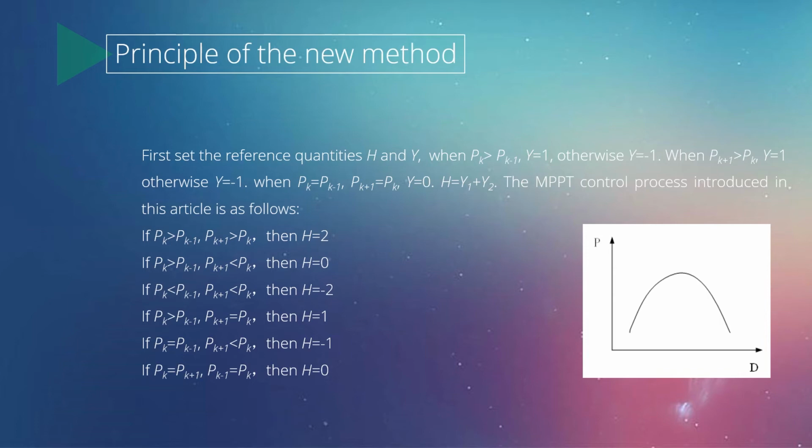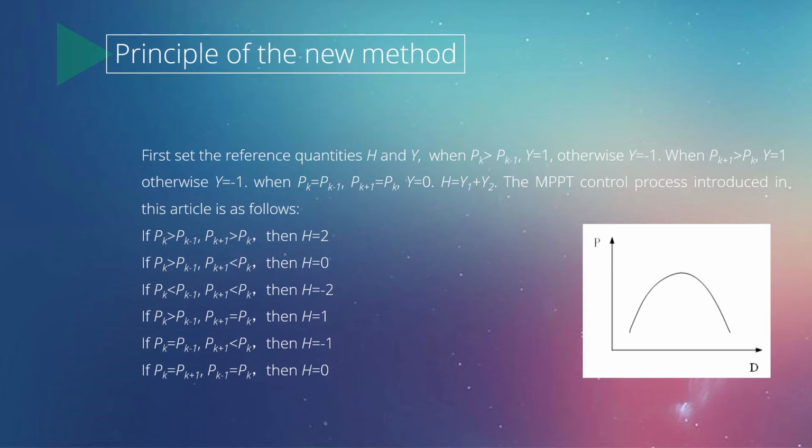The MPPT control process introduced in this article is as follows. If pk is bigger than pk minus 1, and pk plus 1 is bigger than pk, then h is equal to 2. If pk is bigger than pk minus 1, and pk plus 1 is smaller than pk, then h is equal to 0.